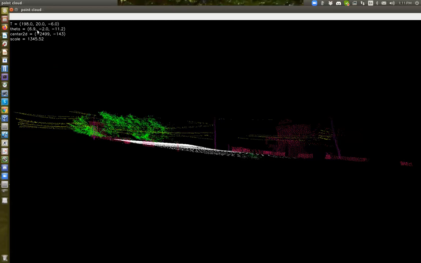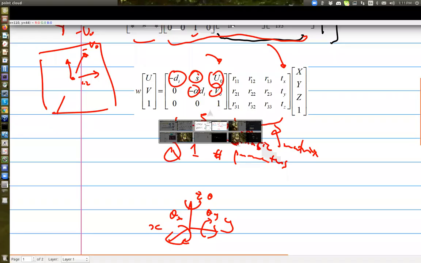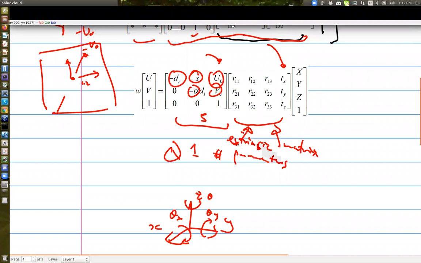I can play around a little bit, even though it's not too obvious with the theta here because you don't know the axis. If I change the theta, I change the camera matrix, and correspondingly the projection will be different, right? Basically I have the point cloud here, the 3D points in space with different colors.